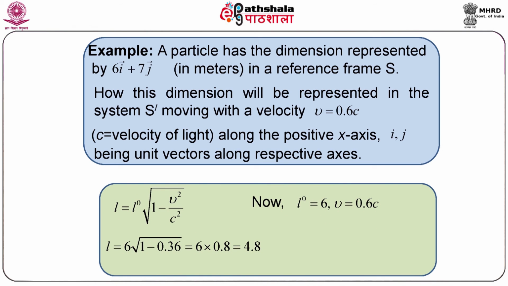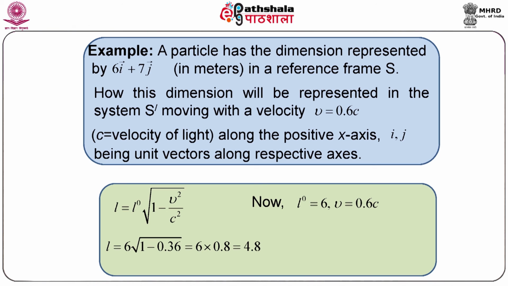We know this formula. We have obtained this from Lorentz Fitzgerald contraction. Here L0 is 6. We get it from here. This is the coefficient of i vector. v is given as 0.6 into c. c is the speed of light. Substituting these two here, we get L equal to this one.